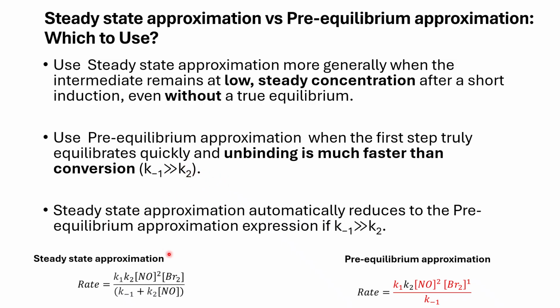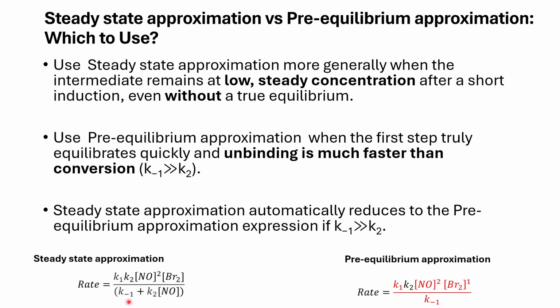So these are the rates of reaction that we derived just now using the steady-state approximation and the pre-equilibrium approximation. The steady-state approximation can be reduced to the pre-equilibrium approximation if the value of k-1 is very much larger compared to k2.